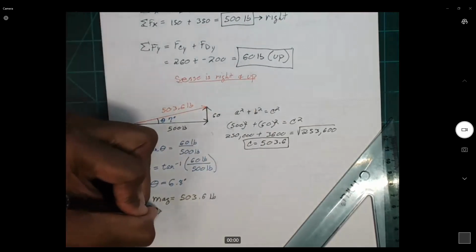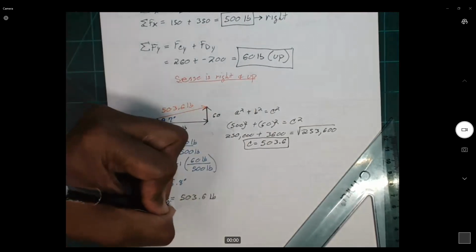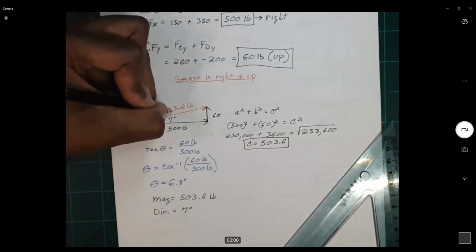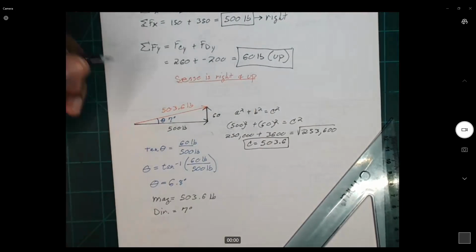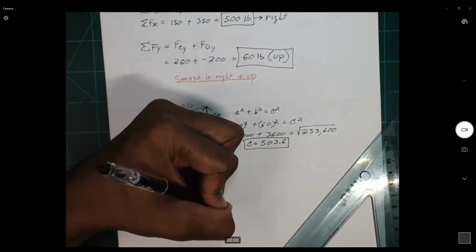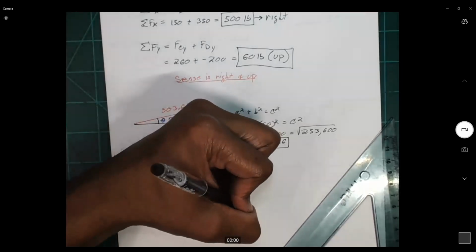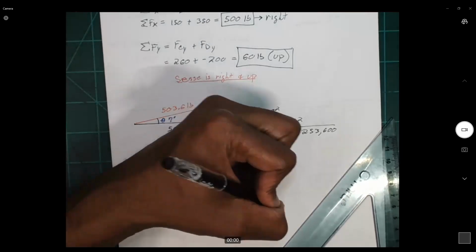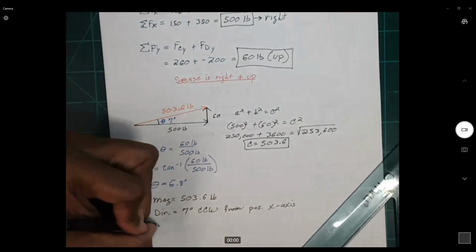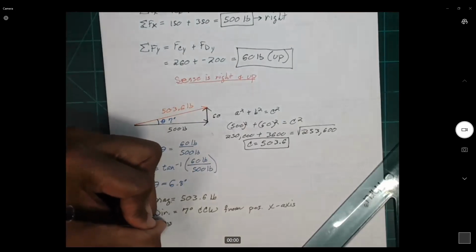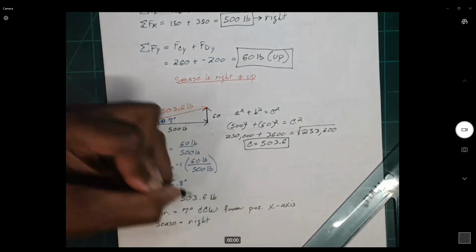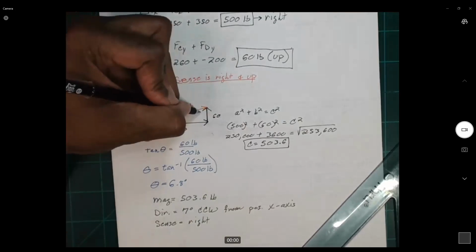Our direction, 7 degrees counterclockwise from the positive x axis, and our sense is right and up.